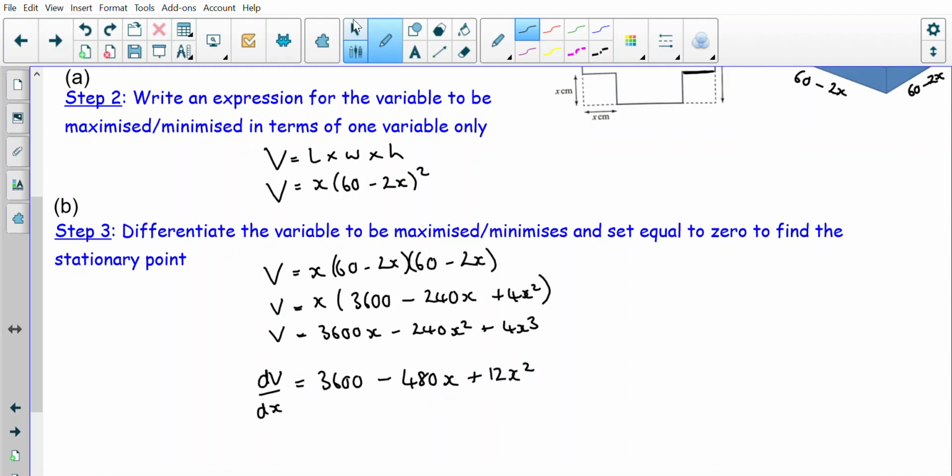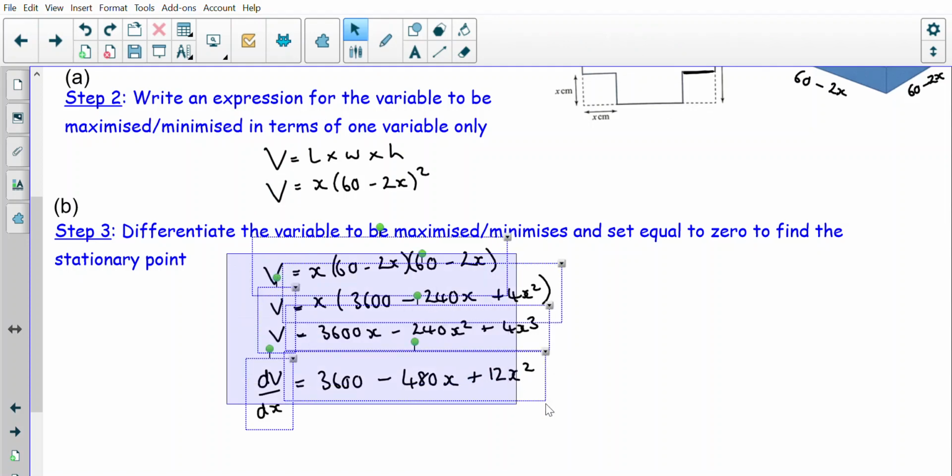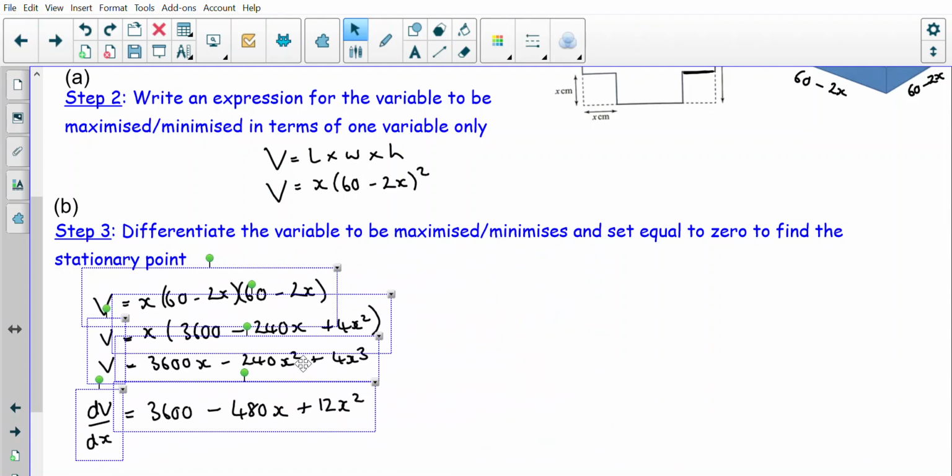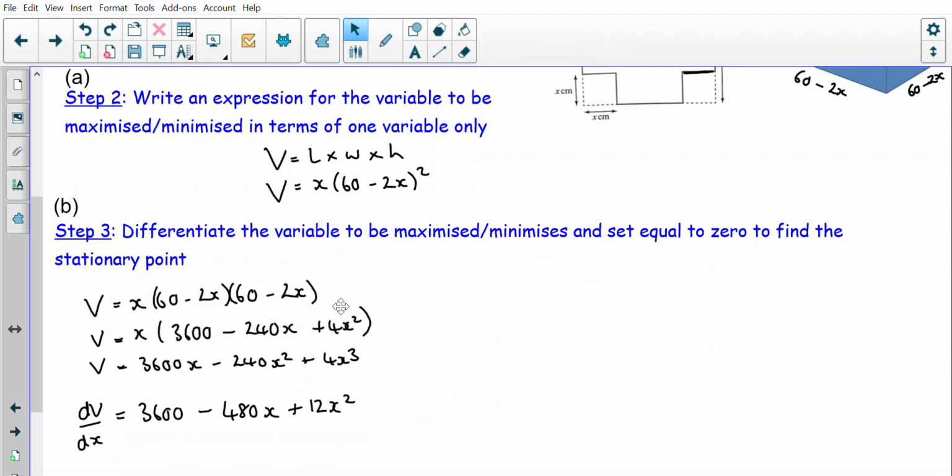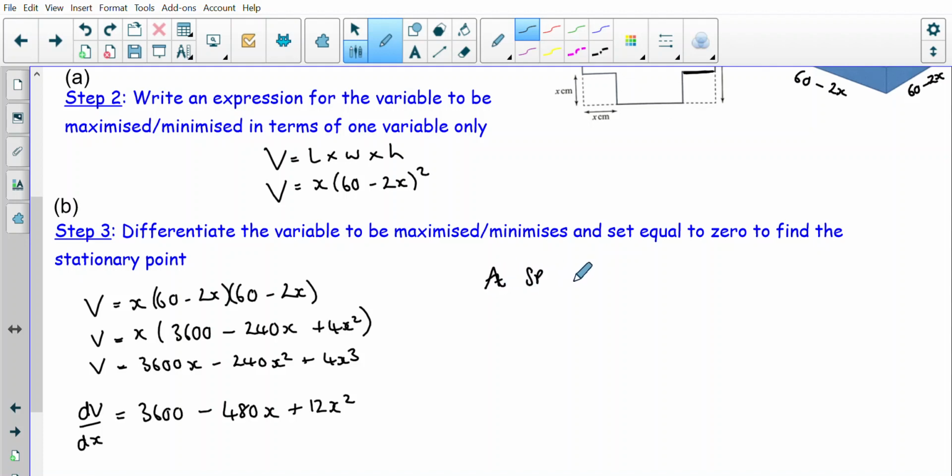Just to give myself a little more room, I'm going to move this over to the side, because now I've differentiated, I want to find the value of x that gives the maximum value of volume. In essence, I'm finding the value of x at the stationary point. So again, I can write: at stationary point, dV by dx equals 0. I'm going to put my gradient function equal to 0 and solve that equation.